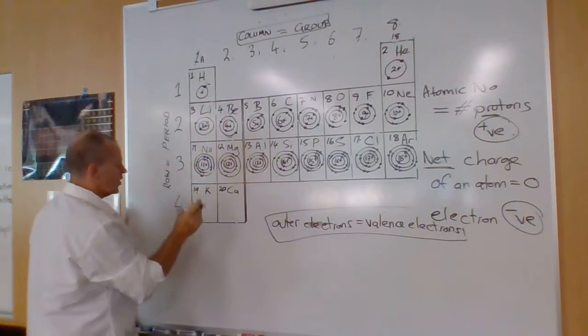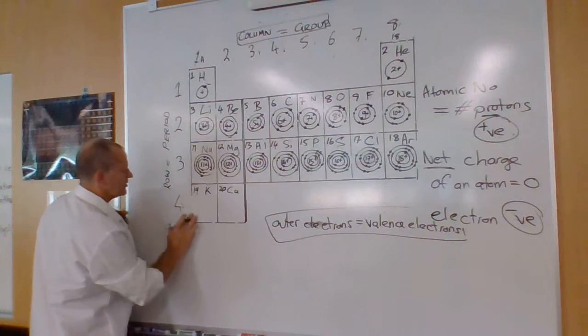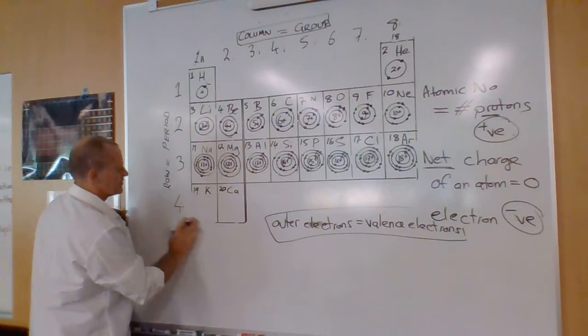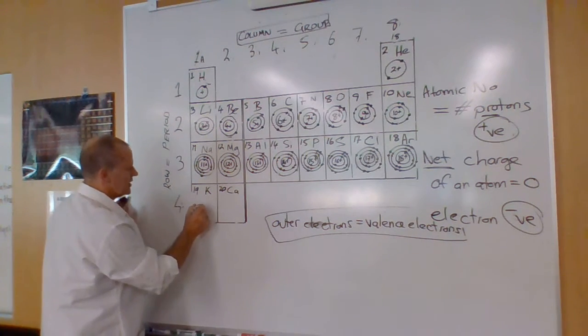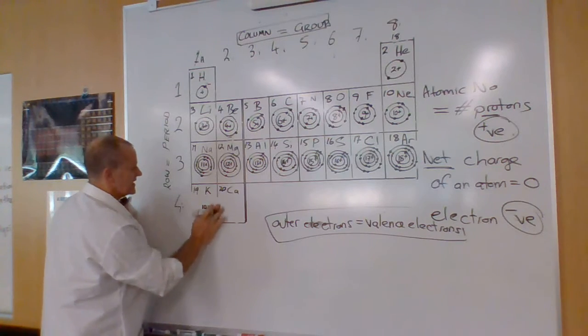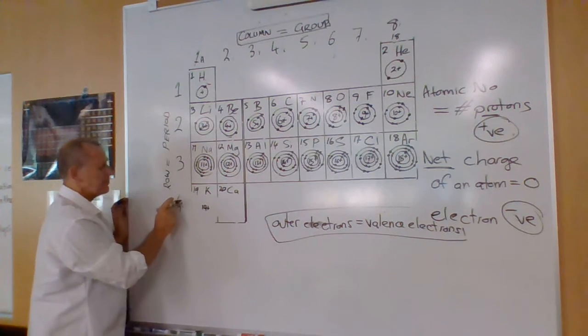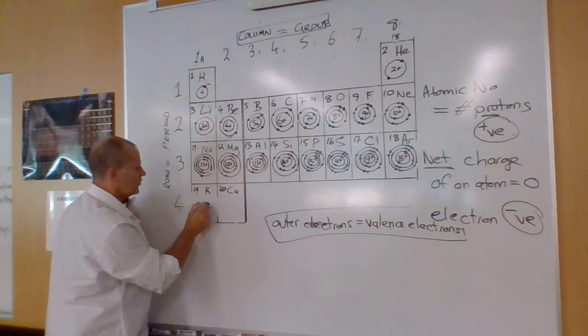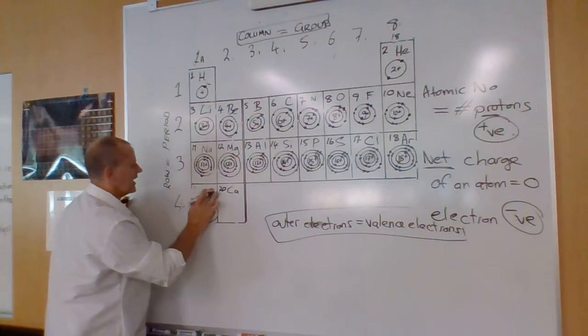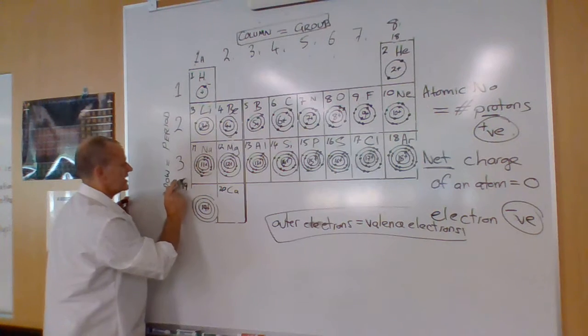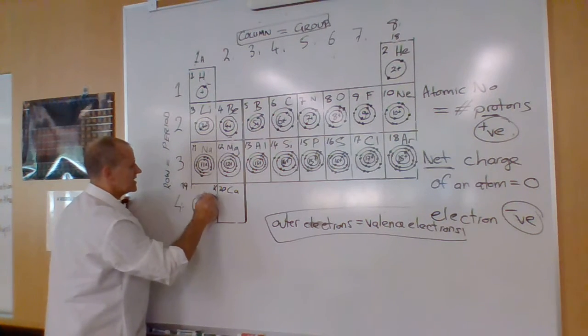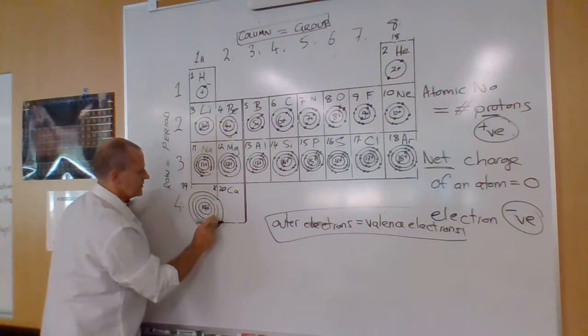So if I now draw potassium, and you'll notice that I'm going to scrub some things out so I can actually draw it. It has 19 protons, and because it's in period 4, it has 4 circles around it, because it has 4 energy levels. So there's 19 and K, and here are my 4 energy levels.